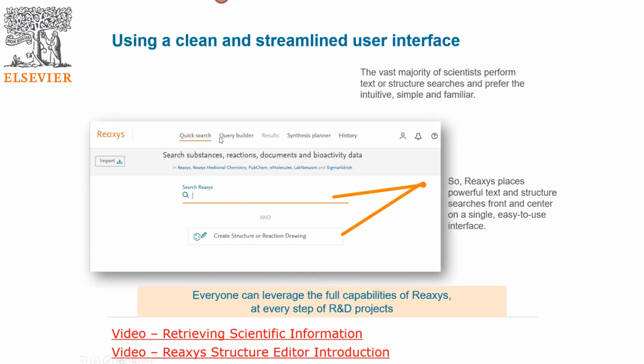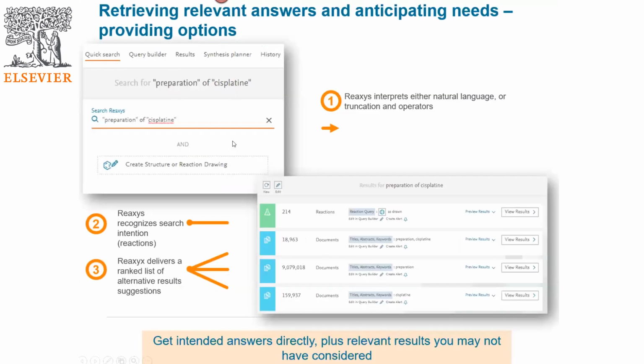But for some of them, for more complicated search queries, or if you would like to get some specific information, I encourage you to use Query Builder. Today we will talk about both of them. And once you use quick search, what's happening? You type your search, and as a next step, Reaxys gives you this intermediate screen.